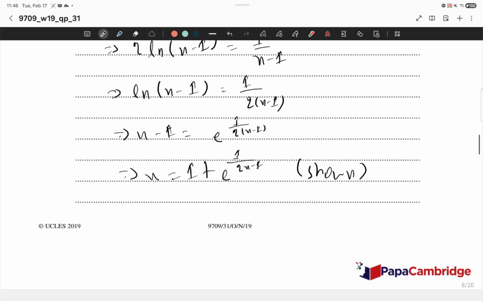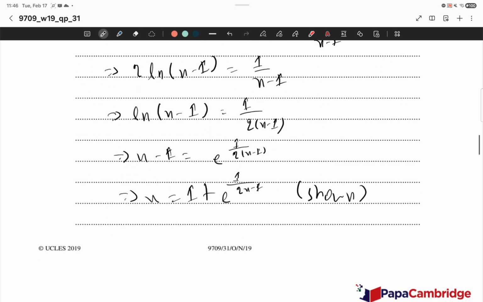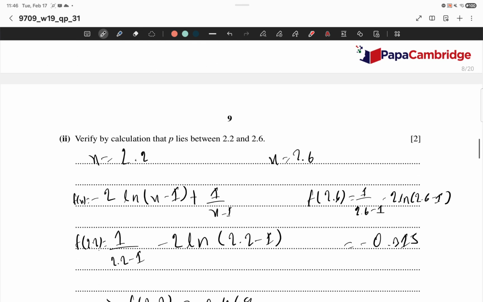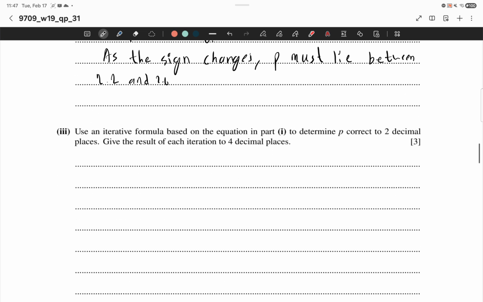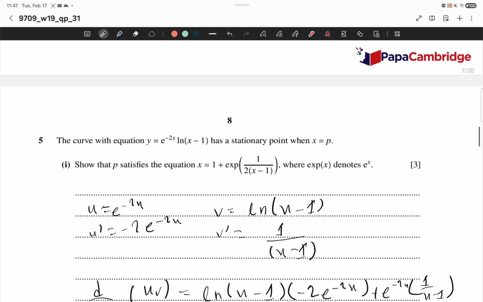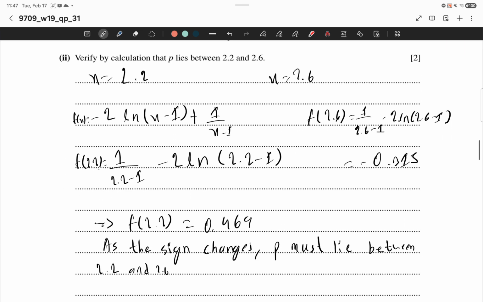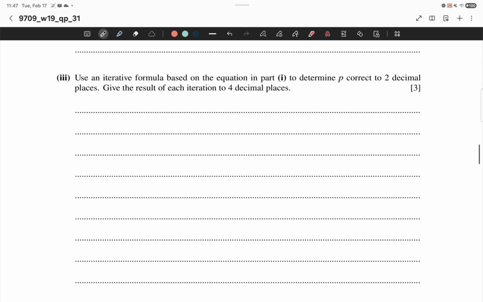Okay, so this iteration actually, what the hell? Okay, so this part is supposed to be easy. Let's see. So for part 1, actually I don't think, wait, we don't have the value of x1 given.